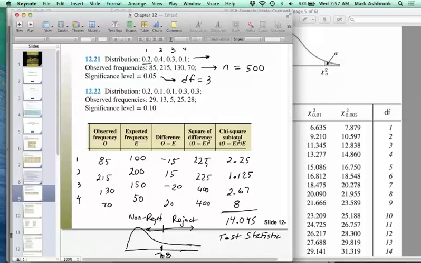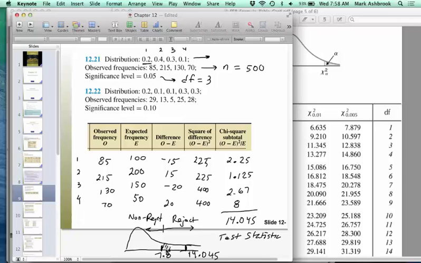So, what do you think? Are we going to reject or not reject? We're going to reject because our test statistic is here at 14.045, indicating what? We have evidence of what? That what we observed in terms of the frequencies in this distribution is significantly different than what we expected.